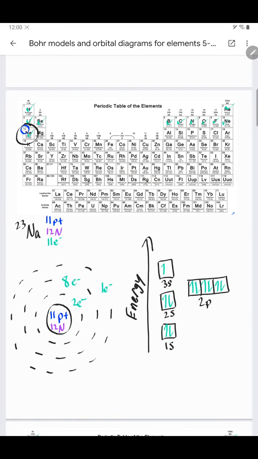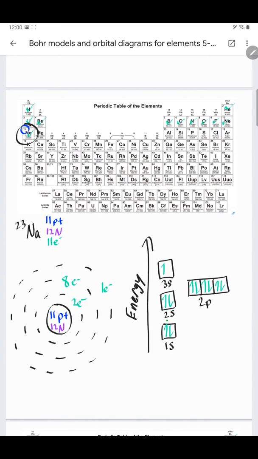And if it's uncharged, that means it also has another electron. But where am I going to add the extra electron? Am I going to add it in the first energy level, in the second energy level, or in the outermost energy level? Well, we already discussed that those first 2 energy levels were full. So the only place that we can add it is this outermost energy level.